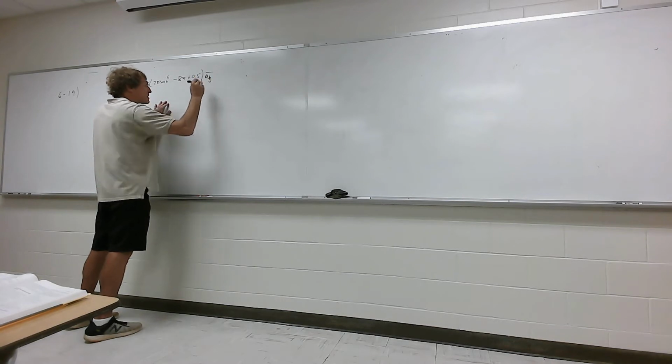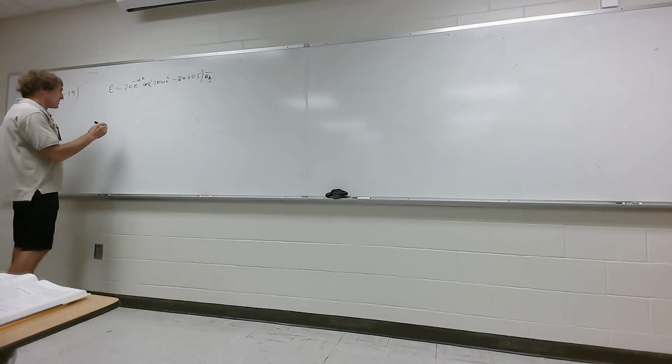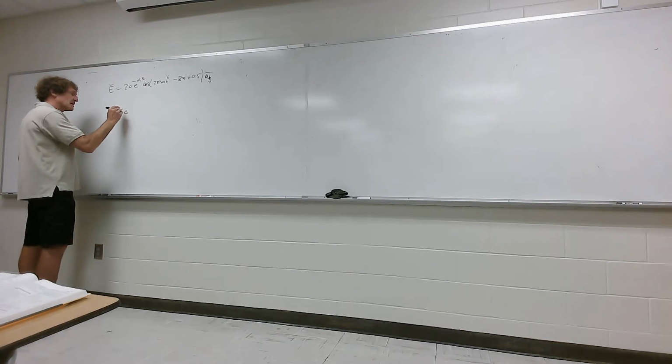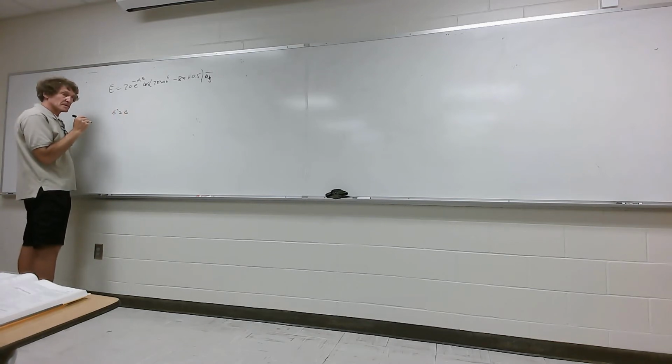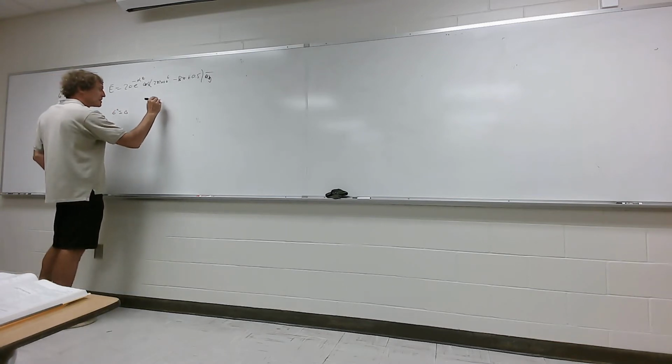This is assuming epsilon double prime is 0. Find alpha and beta and the instantaneous form of H.